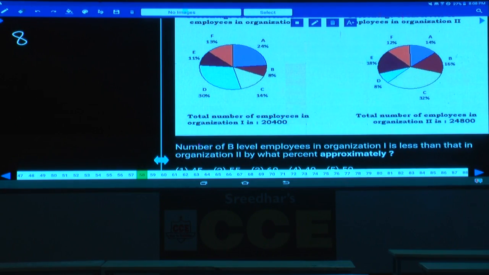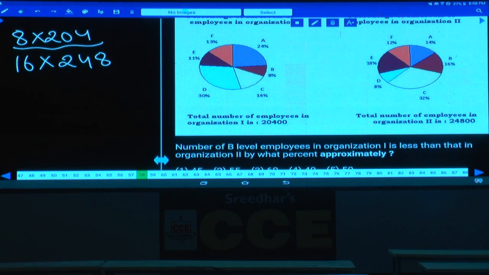So that is 8 into 204. And there you have 16 into 248. Now, can we write this number as 16 into 102? Write 204 as 2 into 102. 8 into 2 into 102, that is 16 into 102.